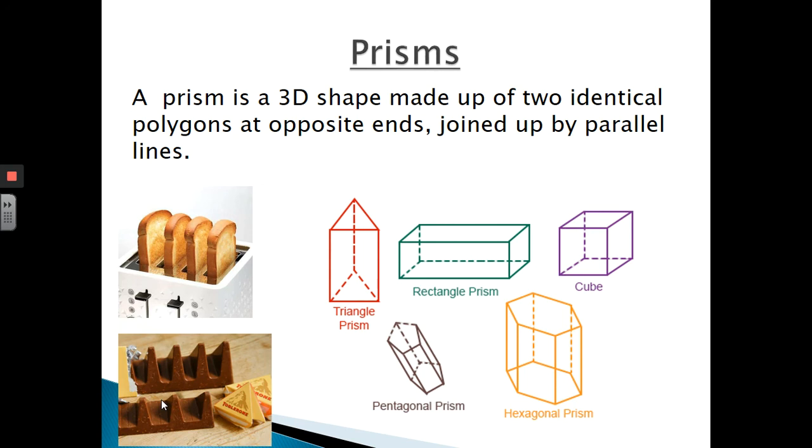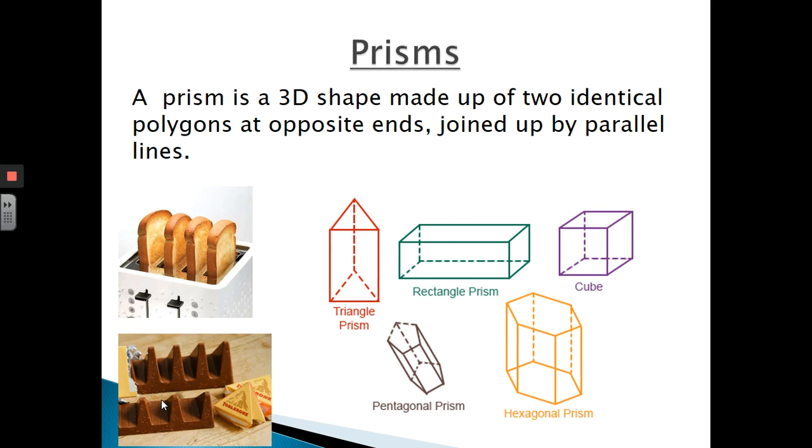It's a face that's been stretched out, and if you cut it into slices, each slice would be no bigger or smaller than the one before. So think Toblerone, think of cheese, think of bread. Some real life examples of prisms, when you start to associate them with those, it's a lot easier to identify them.